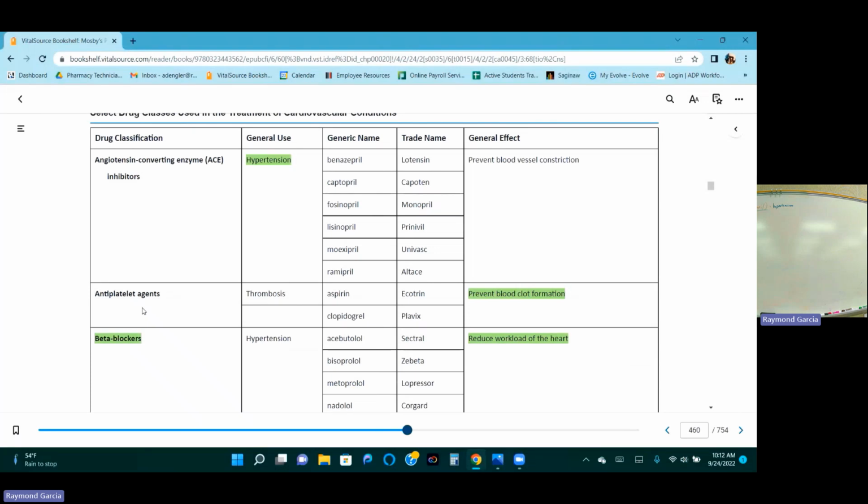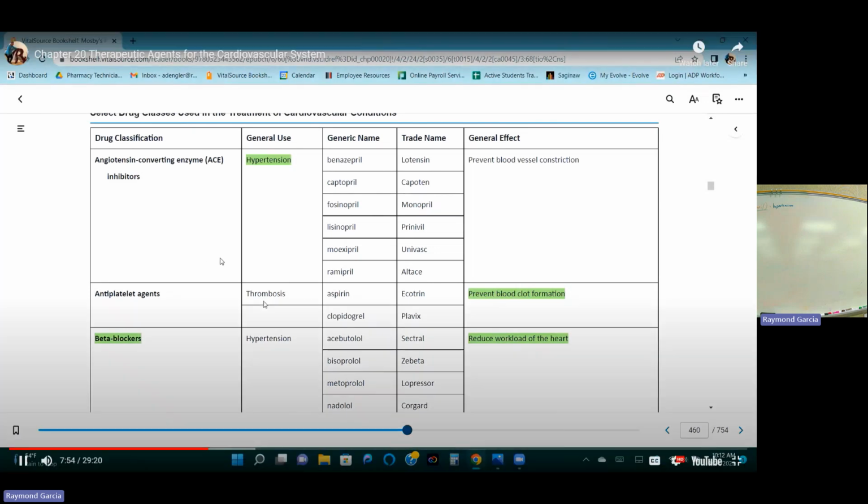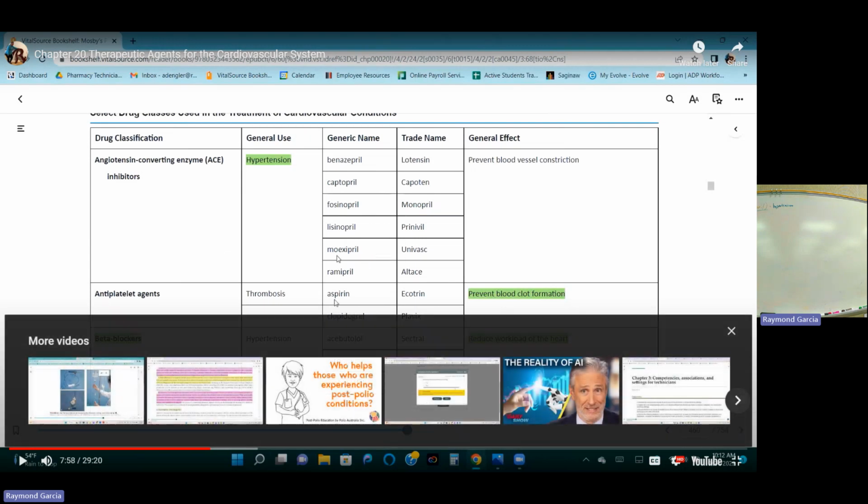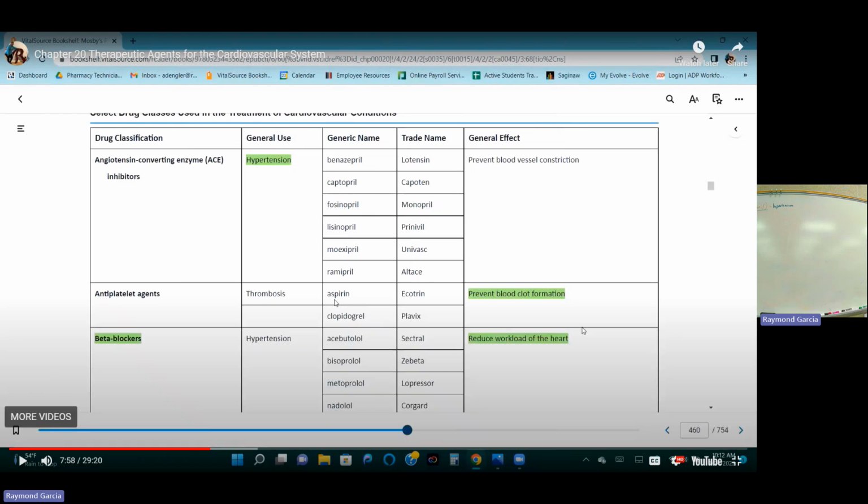Antiplatelet agents are used for thrombosis. They prevent blood clot formation. So you see aspirin. That's an antiplatelet agent. That's why a lot of doctors recommend it for older adults that are susceptible to heart conditions.